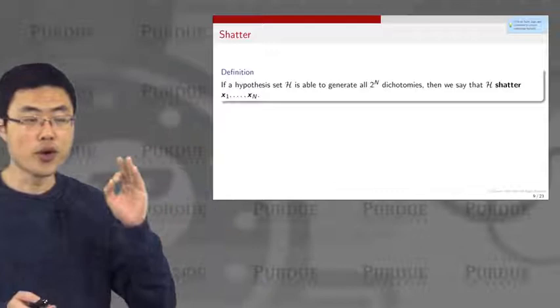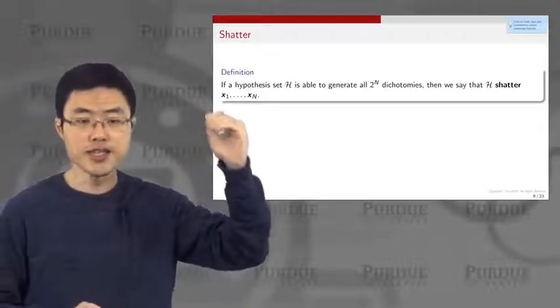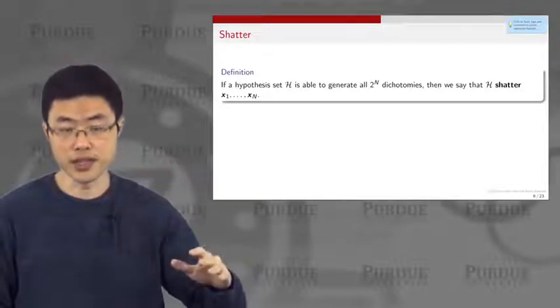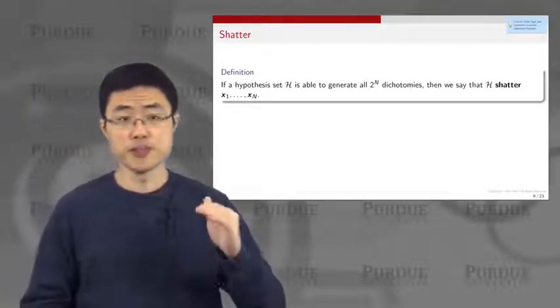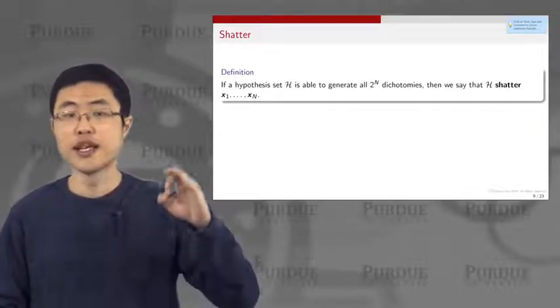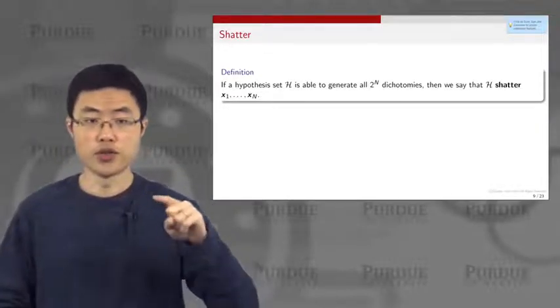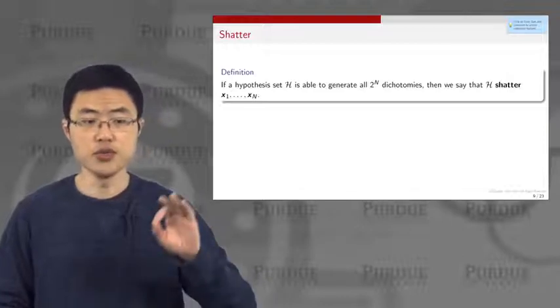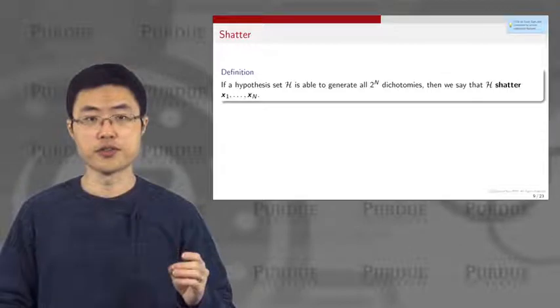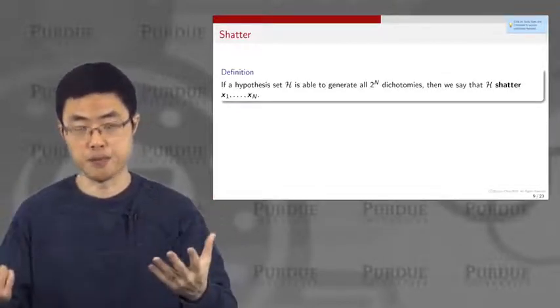Shattering will tell you whether you can ever reach the highest possible number of configurations that you have with the training data points. So the difference between shattering and the number of dichotomies is that the number of dichotomies still depends on the configurations. Okay, it still depends on the x1 to xn. The concept of growth function says that I'm going to calculate the maximum.